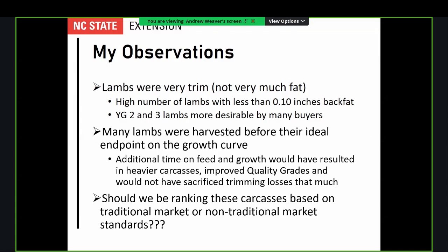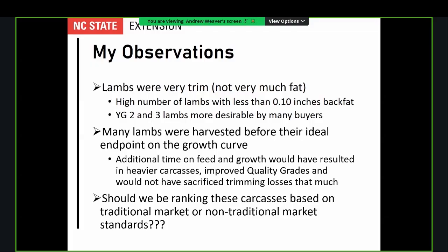The number one priority is carcass weight. Having carcasses weigh less than 40 pounds is the most important thing. Beyond that, sure, some extra muscling is great, but they're not going to take the extra muscling at the cost of carcasses that are too big, too heavy.